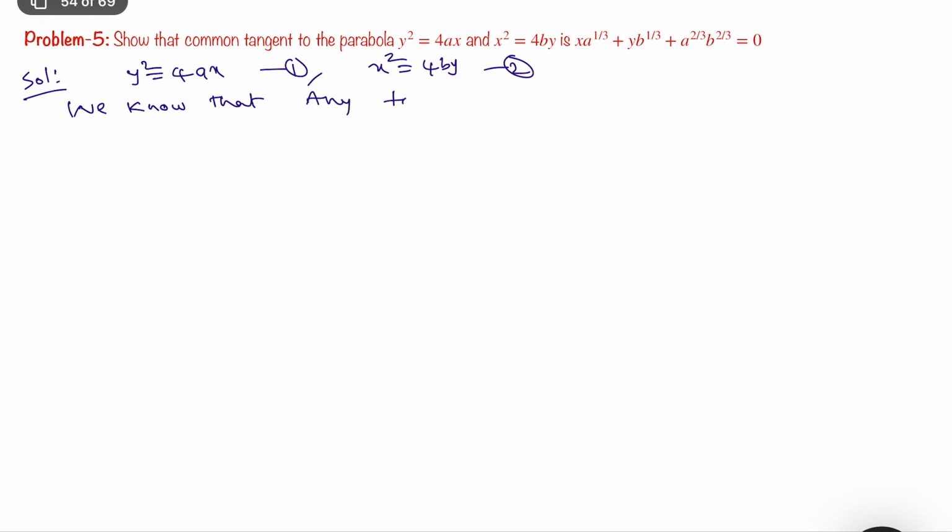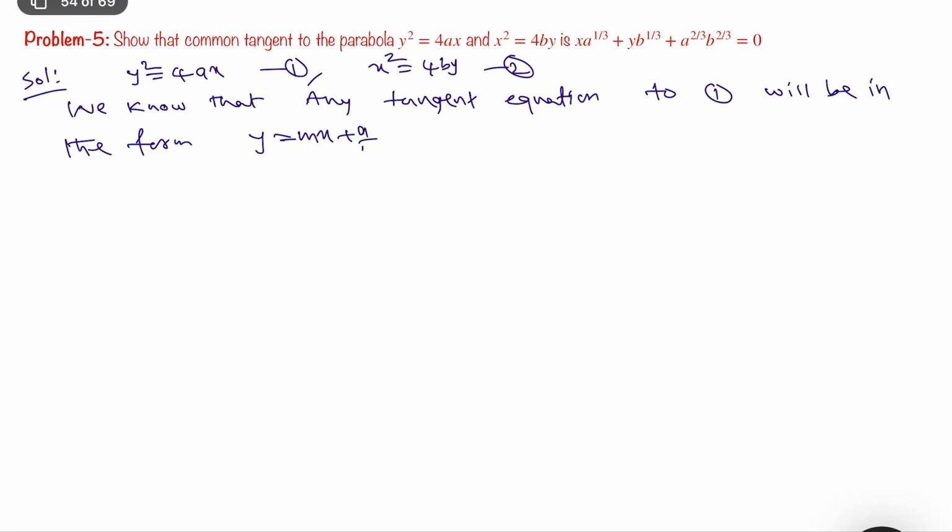Any tangent equation to the parabola 1 will be in the form y equal to mx plus a by m, for m not equal to 0.